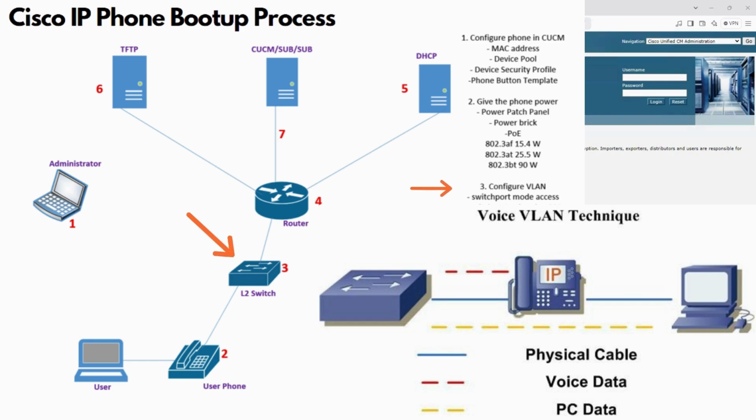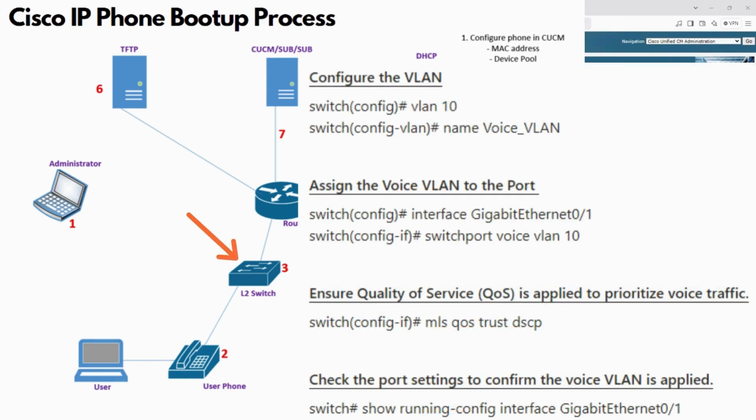So what you would first do is configure a VLAN. You would go into the switch and make sure you have a VLAN, which you can name voice VLAN in this example. You would assign that voice VLAN to a port, basically just specifying the VLAN that will carry voice traffic for the phone. So you would go into the interface, switchport voice VLAN 10, or whatever the number is.